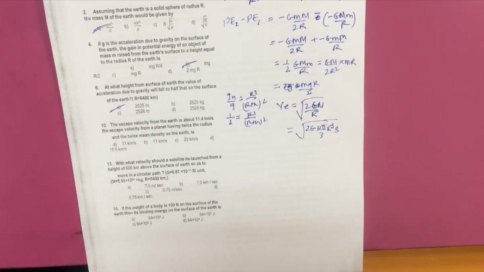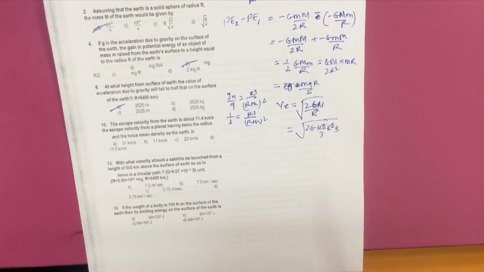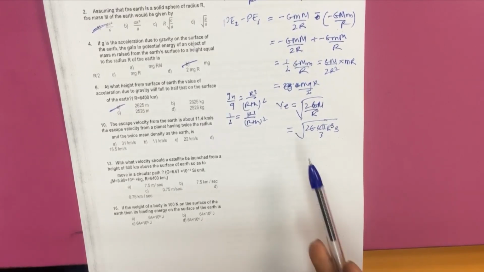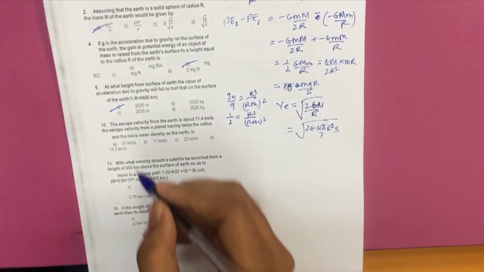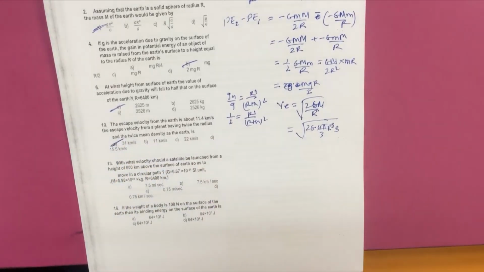Radius is twice and density is also twice, so substituting that, we get the answer as 31 kilometers per second.